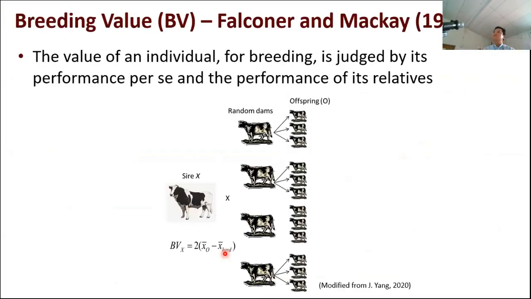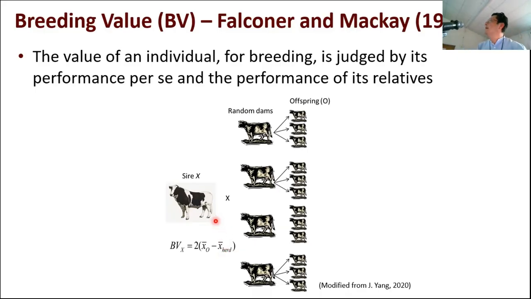And now I'm going to introduce you to what breeding values are. Breeding values, believe it or not, were first formulated by Faulkner and McKay in 1983. And the concept is very simple. A breeding value is the value of an individual for breeding, and it is judged by its performance per se and the performance of its relatives.